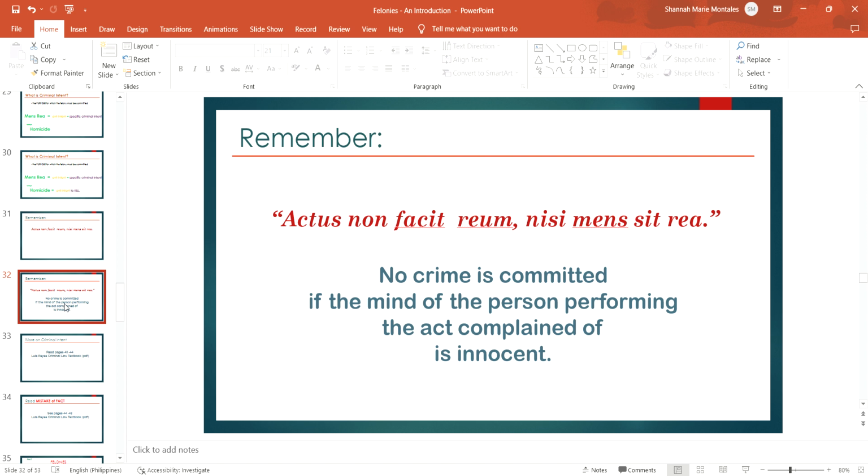Walang crime kung ang isip, ang utak ng taong kriminal, inosente. Or walang intensyon na mag-commit ng crime. Kung malinis ka, kung may good faith ka, there's no criminal intent, there's also no crime committed. Okay? Please reflect on this.